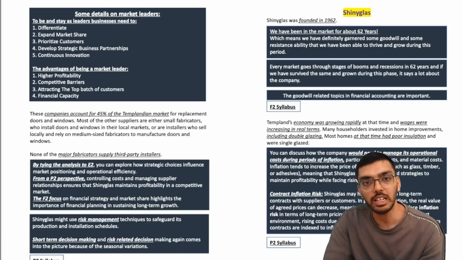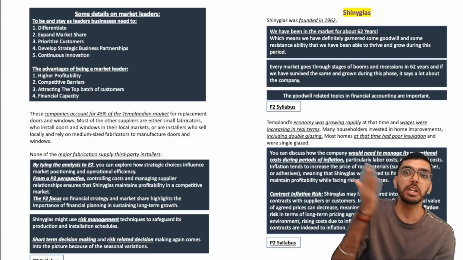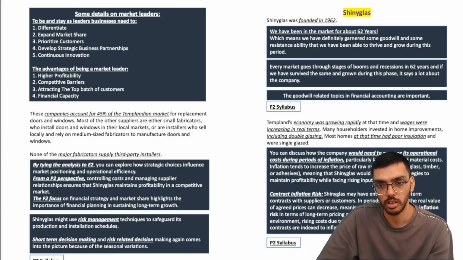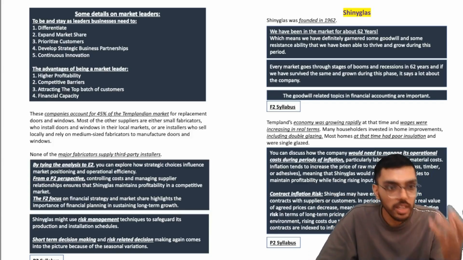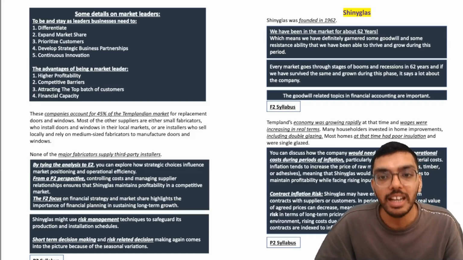For example, if you're writing something about goodwill, you can start your answer by saying, we have been in the market for 62 years. And then just go on. This tells the examiner that you have studied the pre-seen. You have gone through the pre-seen. And then naturally you will get credit for it.